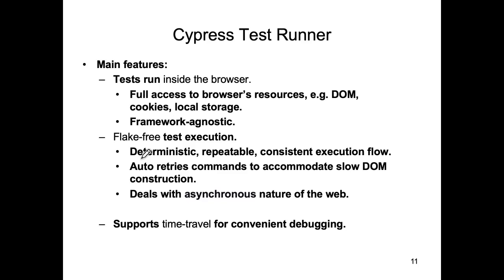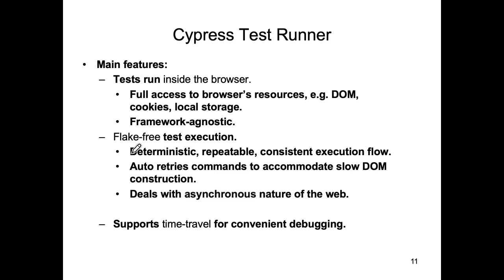What Cypress will do is, if it doesn't find the DOM element, it will try a number of times. It'll delay and then retry looking for that DOM element. So it's aware that the DOM is being built by the browser, and it will wait for the browser to complete that building process.